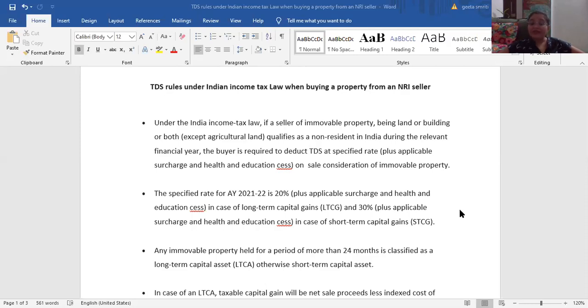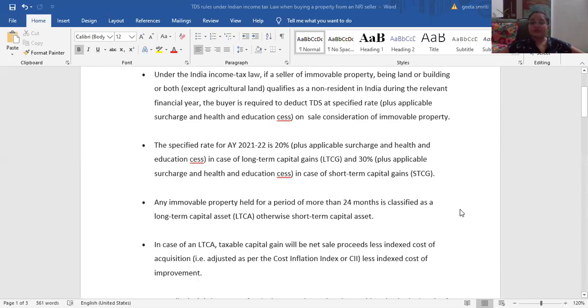So the holding period is important here for immovable property being land or building. Now we know what will be the rate of TDS when it is short-term and when it is long-term.